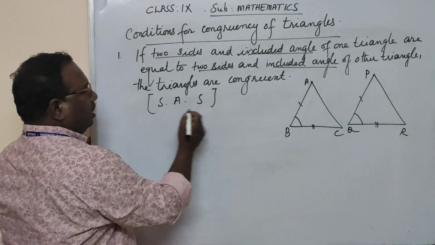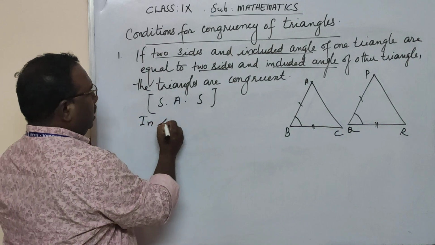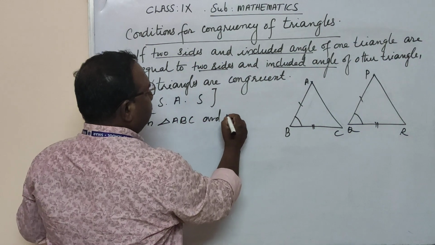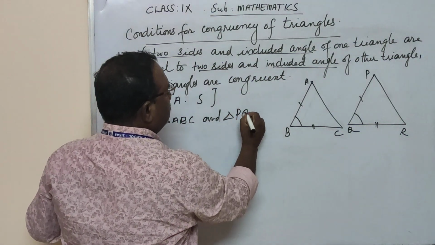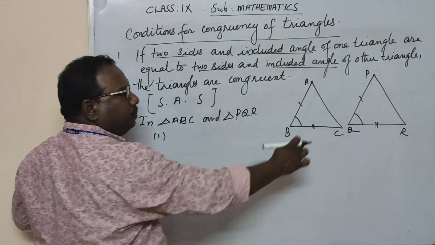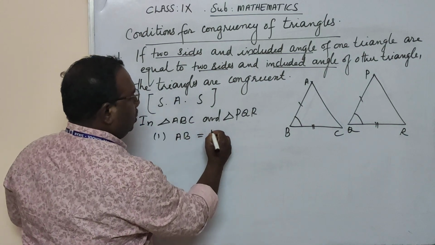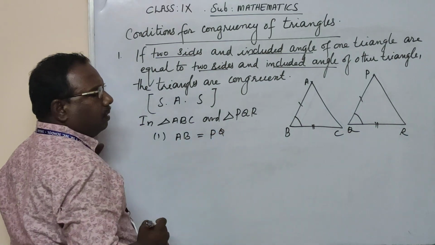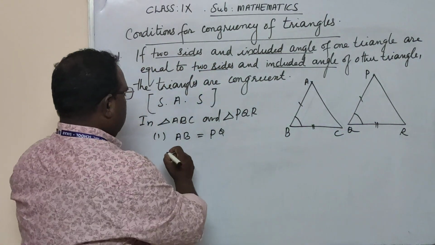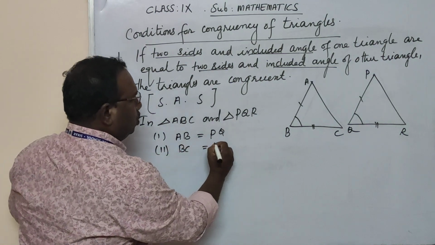In the given triangles, in triangle ABC and triangle PQR, we can write AB corresponds to PQ. AB is equal to PQ. Second point, BC corresponds to QR. BC is equal to QR.